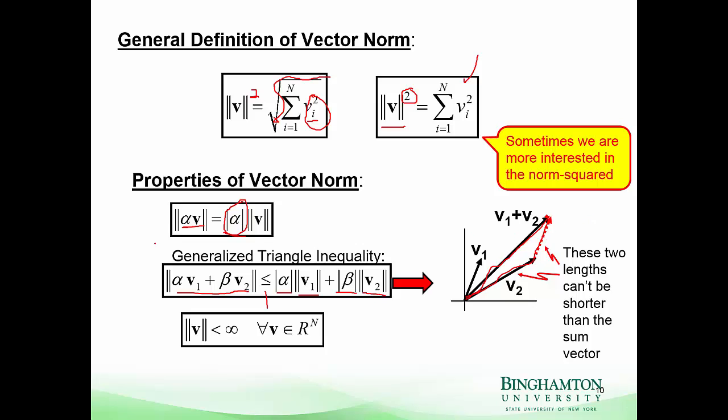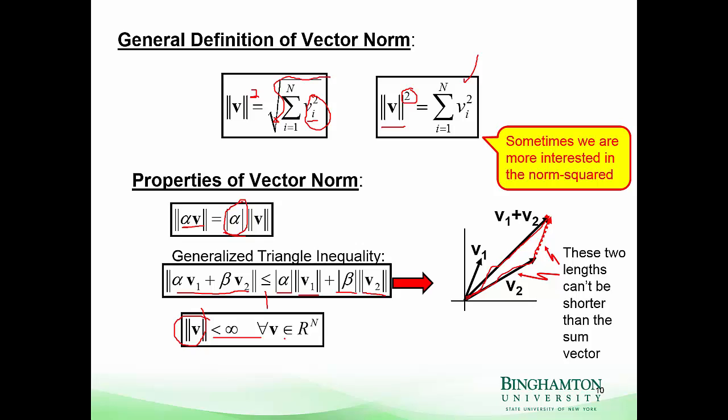Another property is that the norm must be less than infinity. We can't have a vector that's infinitely long, but we can have vectors that are arbitrarily bigger and bigger in length, just like the real numbers don't actually have the number infinity in them, but the numbers go towards infinity. You give me a real number and I can find one bigger than that.